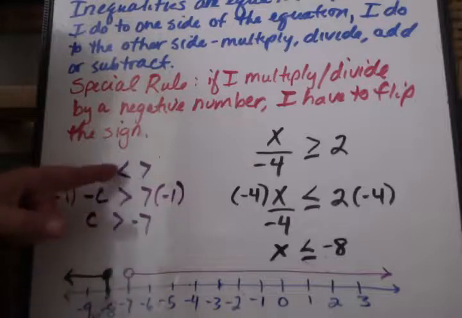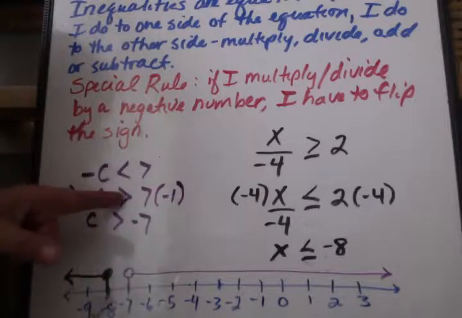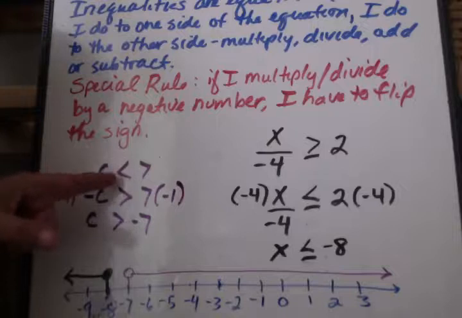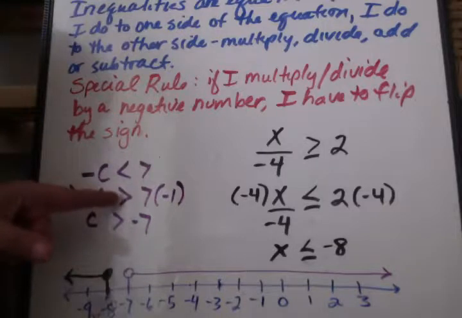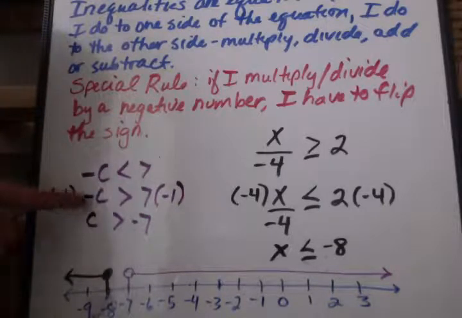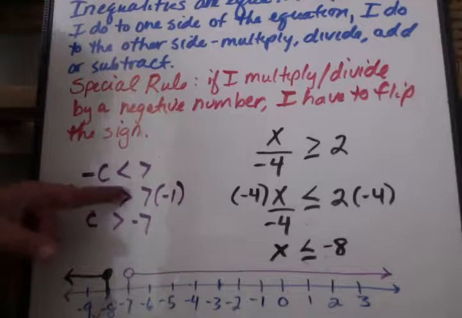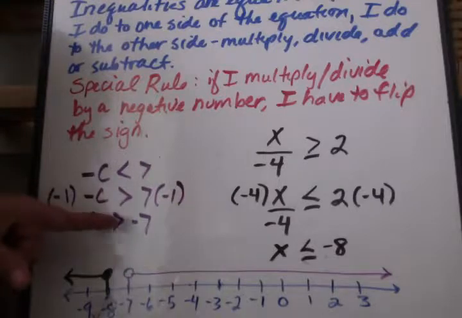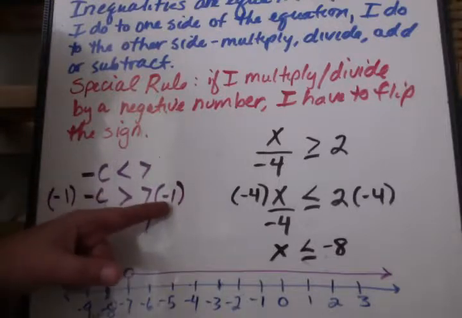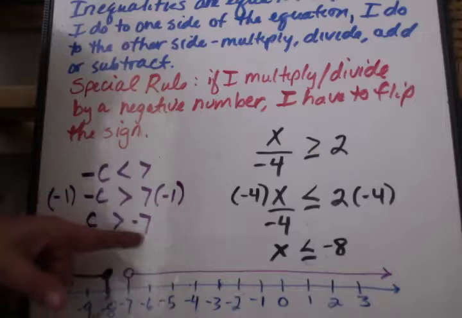And when I do that, I notice I changed the sign. So this was a less than. Now it's a greater than sign. And negative 1 times negative c, two negatives I'm multiplying, is just going to be a positive c. And this is the sign from above here, greater than sign. And 7 times negative 1 is negative 7.